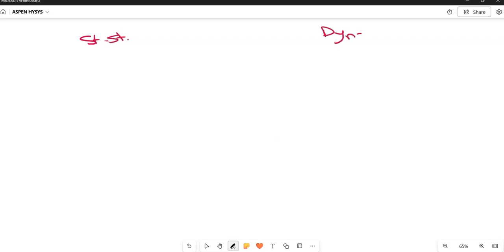Okay, what is the difference? The steady state is a simple simulation. You need to choose a specific time and choose this condition to simulate your equipment.